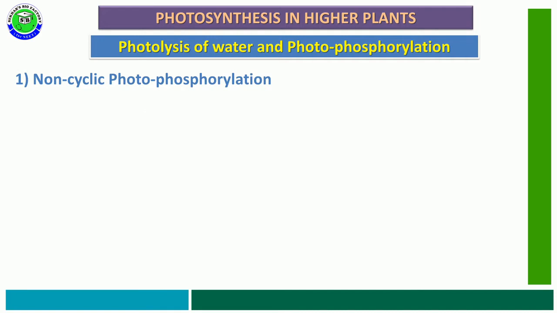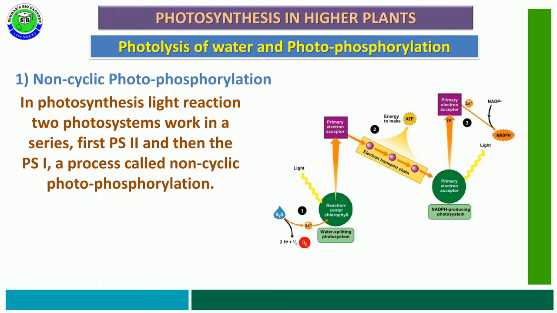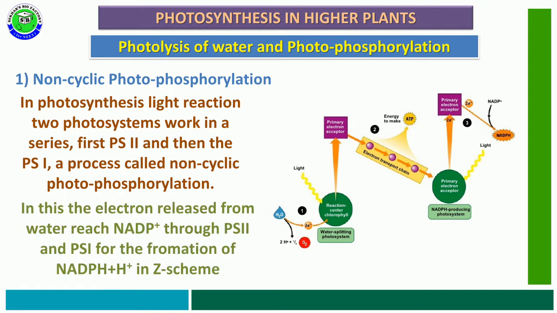In non-cyclic photophosphorylation, at the time of light reaction, the two types of photosystems present in thylakoid membrane work in sequence: PS2 works first and then PS1 works, and in this process non-cyclic photophosphorylation takes place. The electron released from water molecule reaches PS2 and then PS1, and finally is released into stroma to NADP plus, and it becomes NADPH plus H plus.